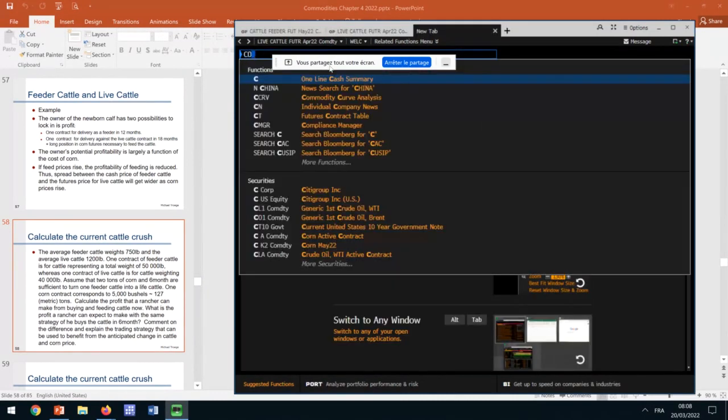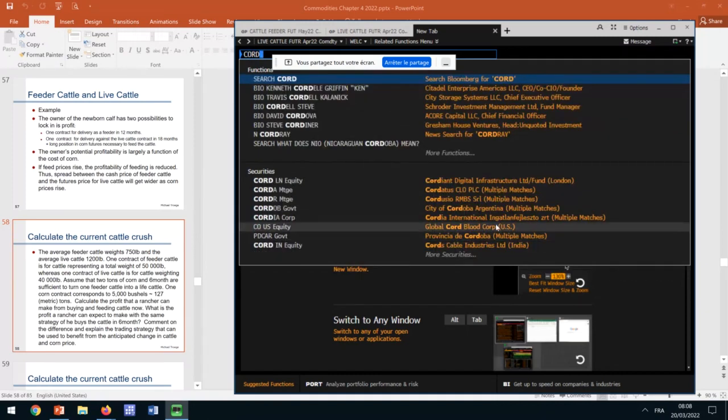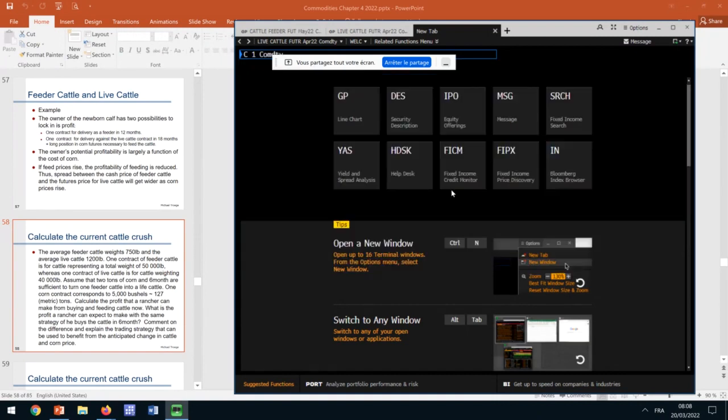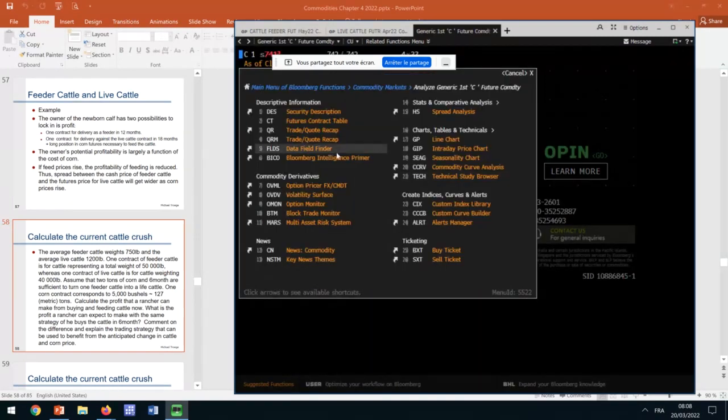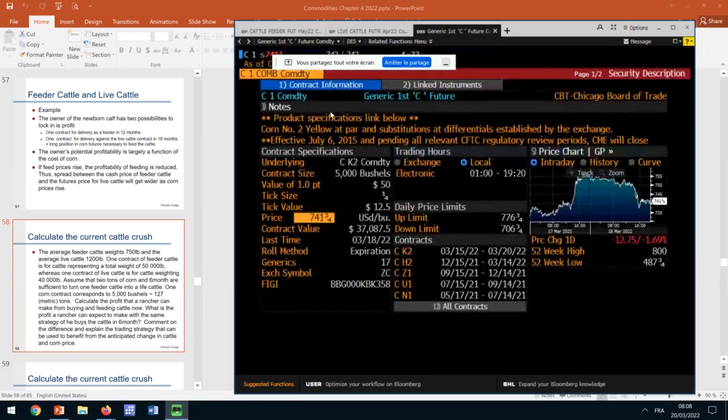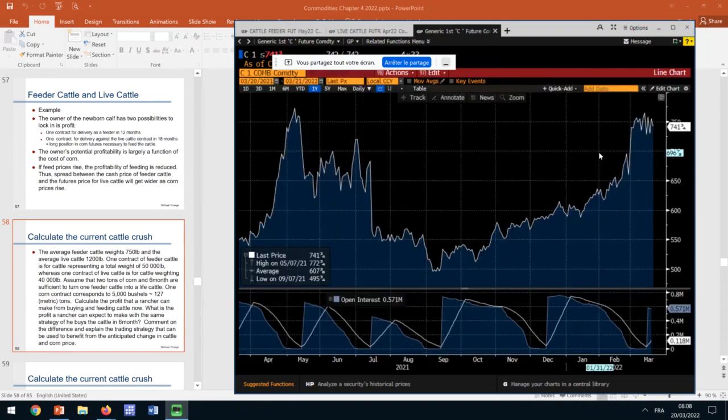Again, we have to look at the corn contract. Corn, which is one of the most important foodstuffs. Here's the contract in bushels as usual. These stupid bushels. What's happened to corn?